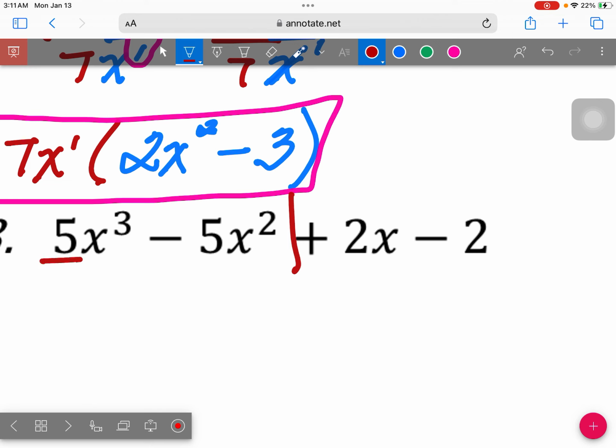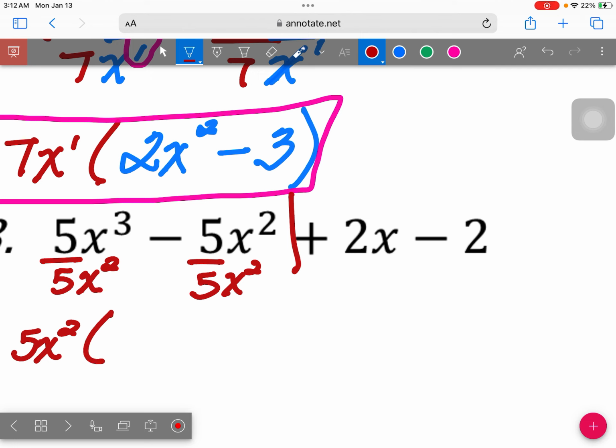I see that I have a 5 and a 5, so I can factor out a 5. I have an x to the third and an x squared. The most I can factor out from both is x to the second. So that is my greatest common factor. So I factor that out in front.